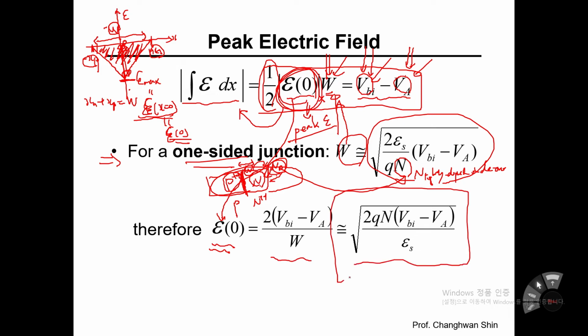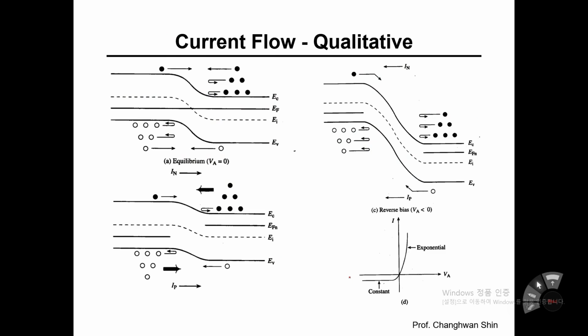All right. So now I have done the quantitative analysis for the PN junction diode at non-thermal equilibrium state. The key message is you can take advantage of all the equations that you have obtained at thermal equilibrium, but with VBI minus VA instead of VBI.